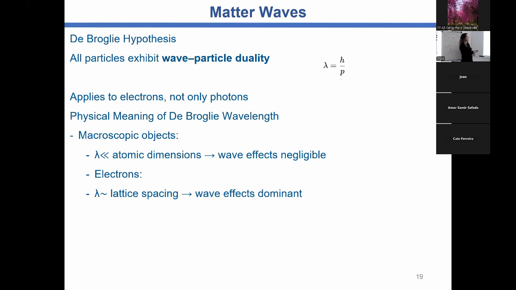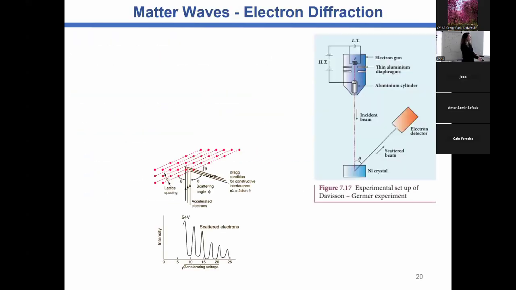So in terms of this, we could correlate the wavelength of the particle through the Planck constant and the momentum of the particle associated with the observable.